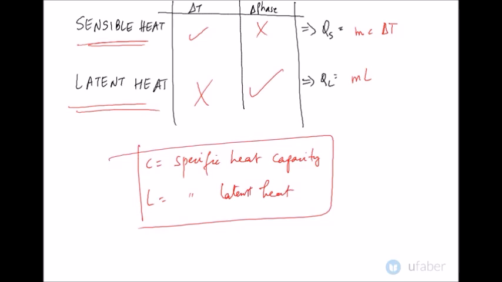The units for specific heat capacity is kilojoule per kg Kelvin, and the units for specific latent heat would be kilojoule per kg.